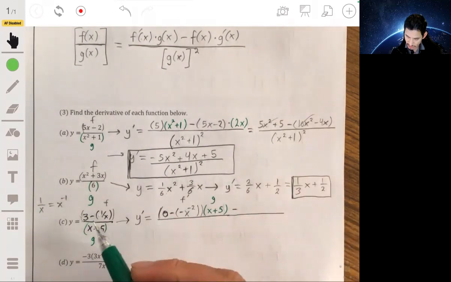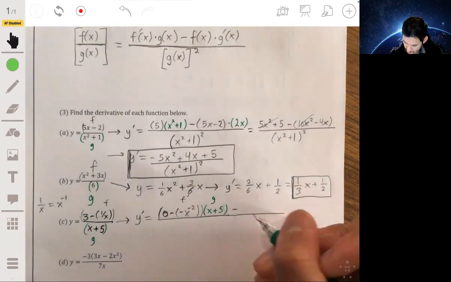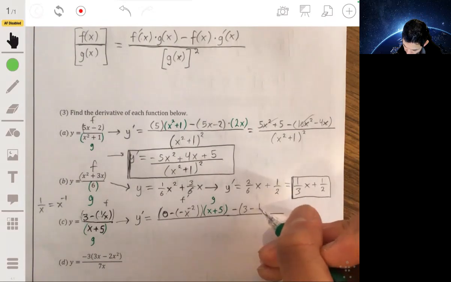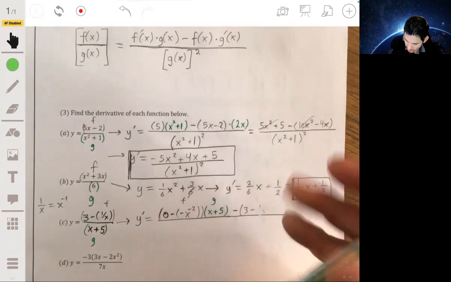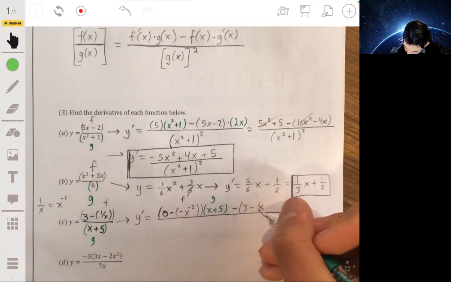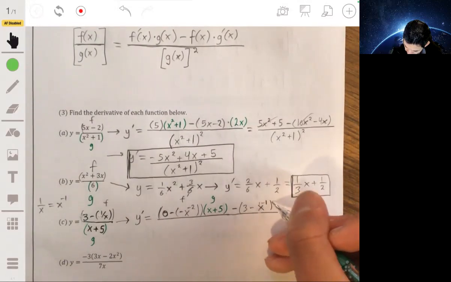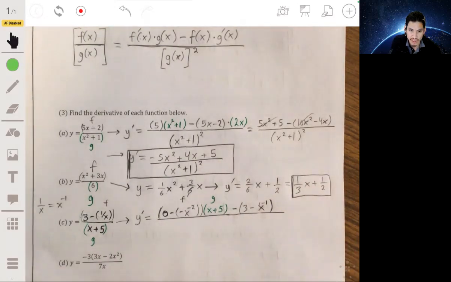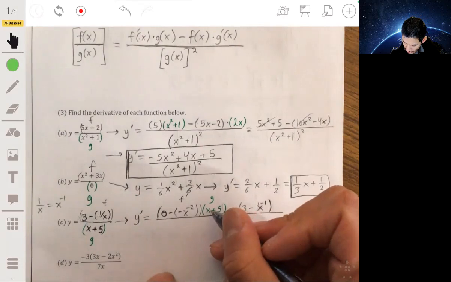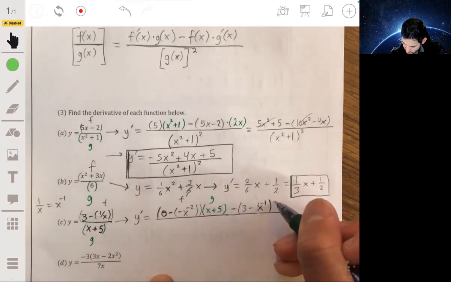This time we keep the f the same. So let's keep this as 3 minus 1 over x. Let me just keep it as actually 3 minus x to the negative 1. I have a feeling that that's going to be a little easier to work with. Now we take the derivative of g, so multiplied by the derivative of g, which is just going to be 1.